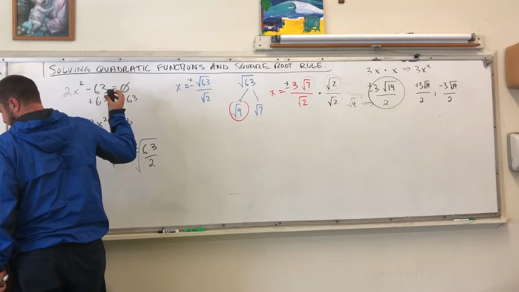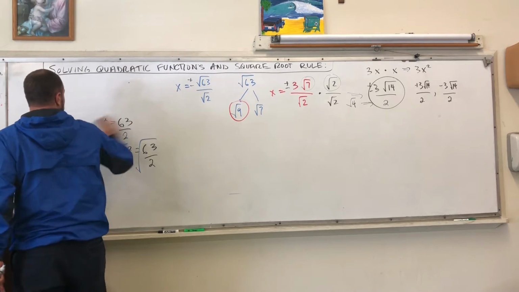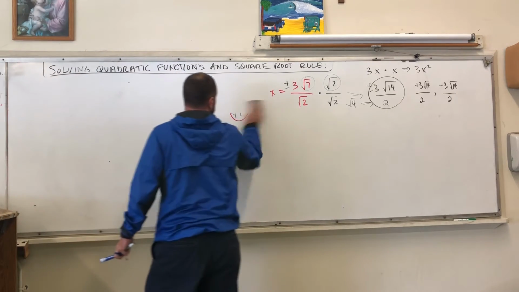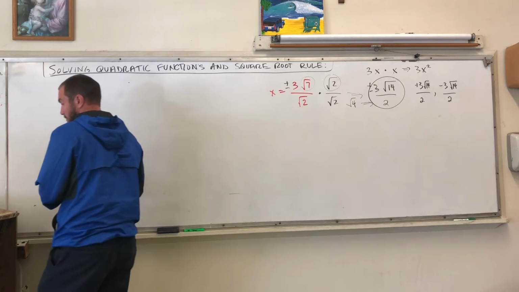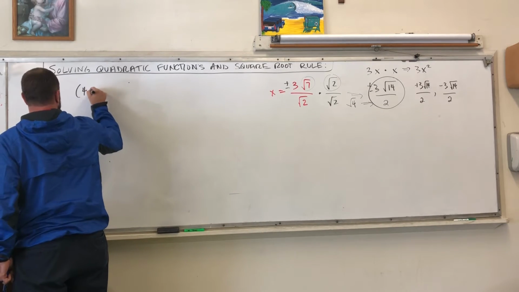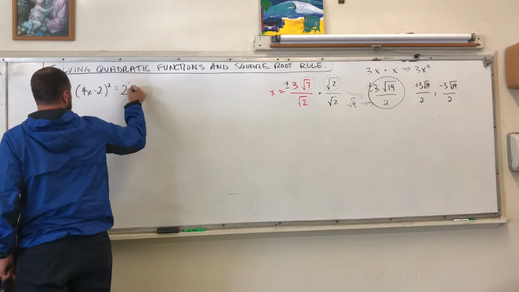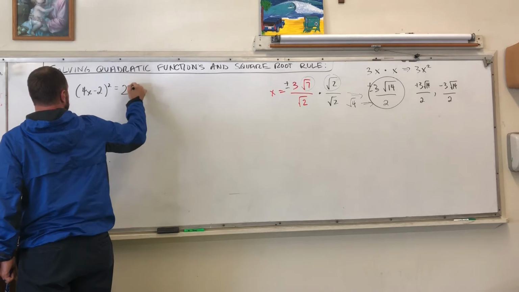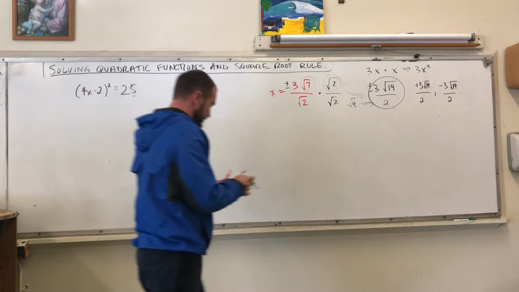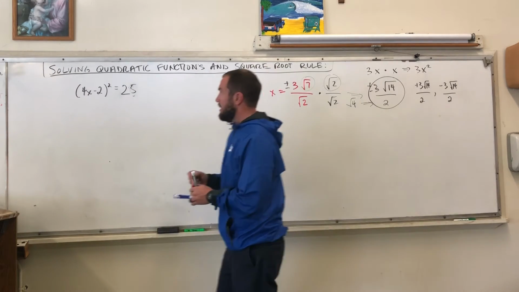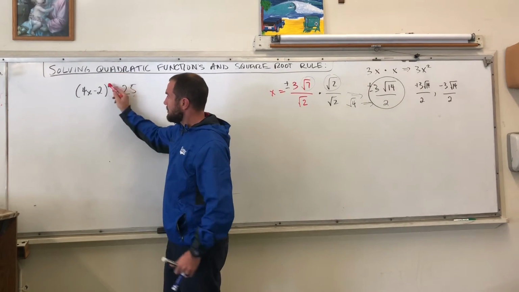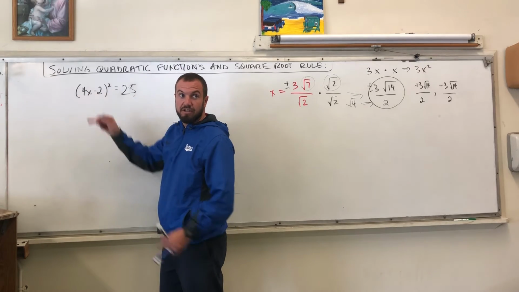I would like to look at this as an example, where you have some parentheses. This is a little bit different. I like this because what you're actually doing here is this square is squaring the entire quantity.